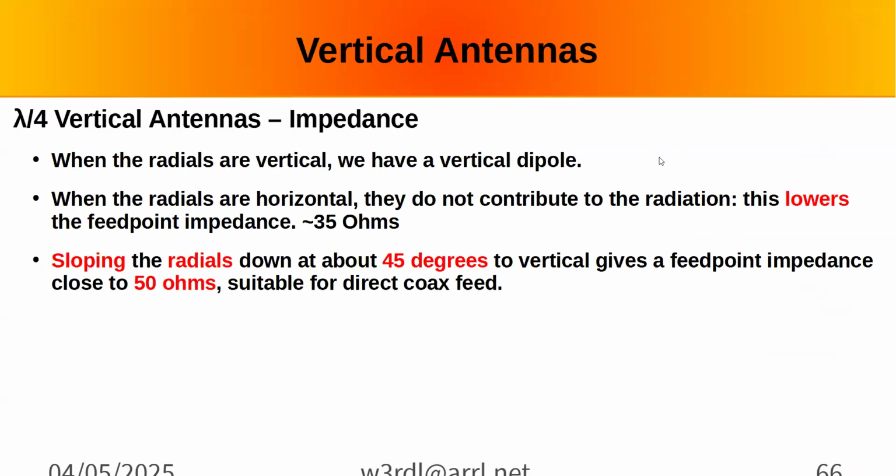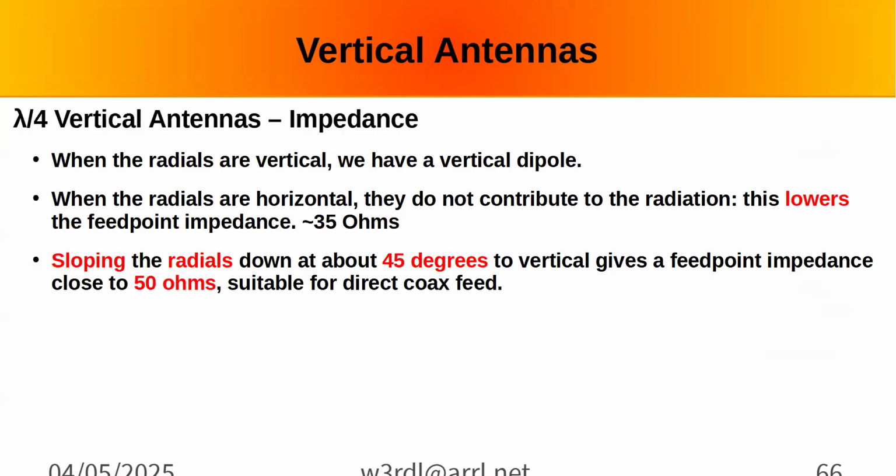Impedance of a vertical. They say it's approximately 35 ohms when you have horizontal radials. If you slope the radials, because a lot of times you can have a vertical mounted on a pole with radials, I have a VHF UHF that's like that.